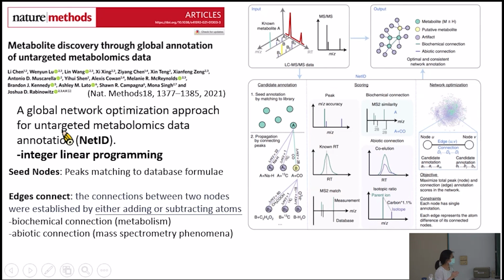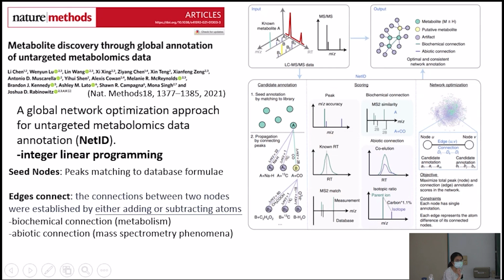Okay, and basically this approach includes the same three steps, including the candidate annotation, the score, and the optimization, right? Network annotation, optimization, yes, optimization, okay. So the major concept in this NetID is they use different algorithms for the integer linear programming.